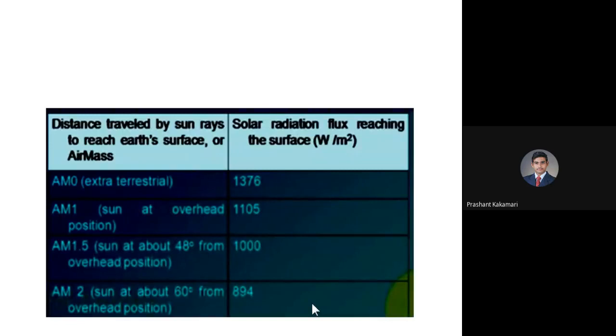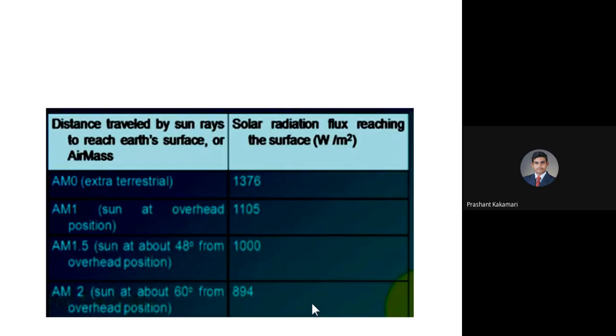So in this, you can also understand what values they have found for different angles of the solar rays with respect to the zenith. For the extraterrestrial radiation, when the solar rays are not passing through the atmosphere, I can consider the air mass as zero.